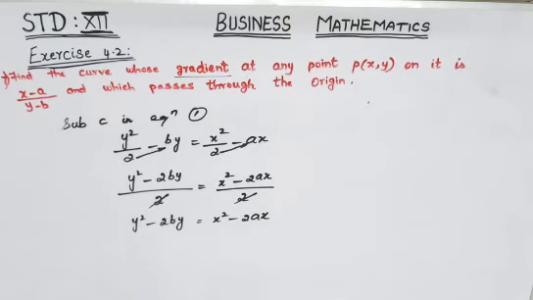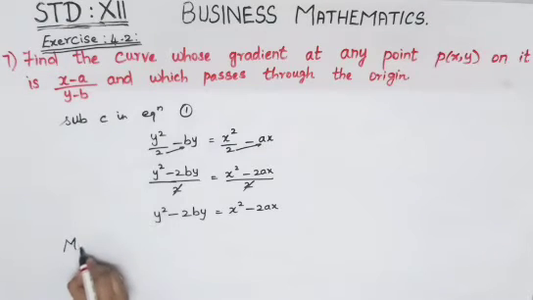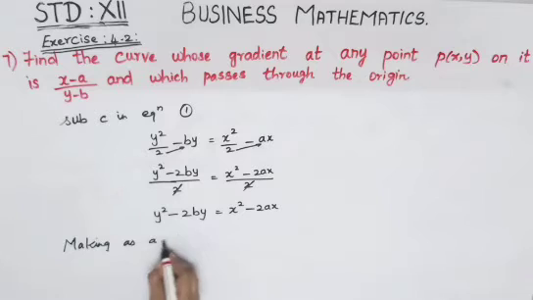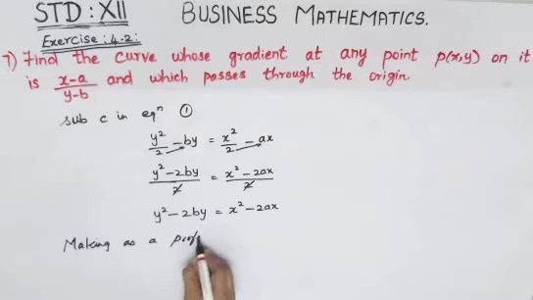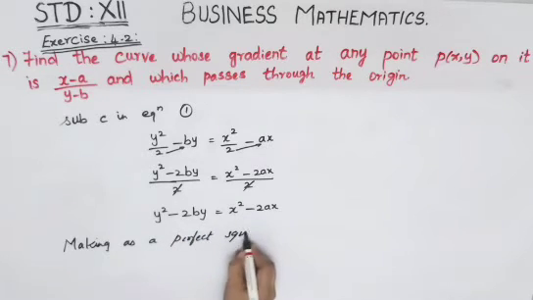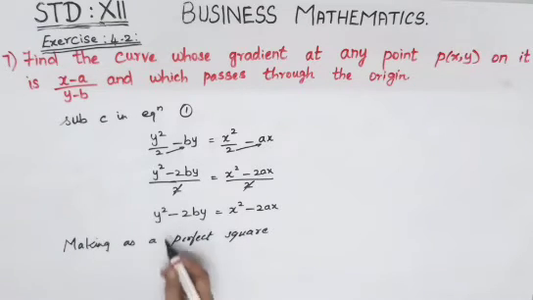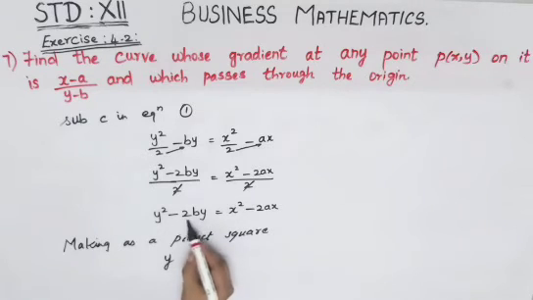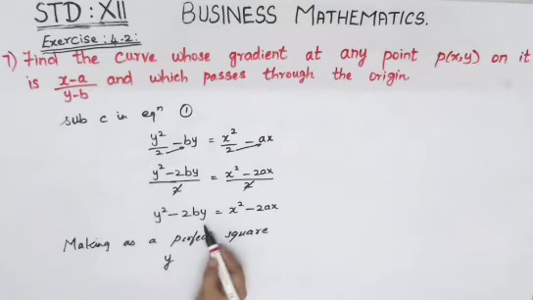With this you can leave it, but to get the book answer we have to make it a perfect square. I'll teach you one shortcut method to get a perfect square. See, y square means just write y. Minus 2by, it is a quadratic equation in y.